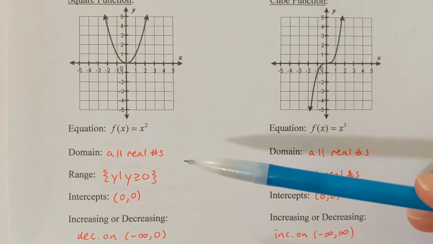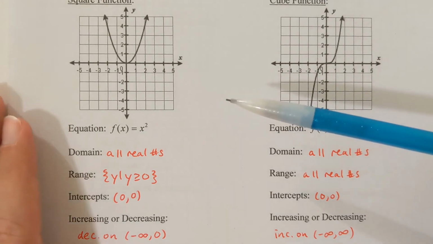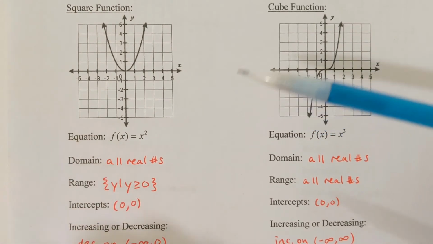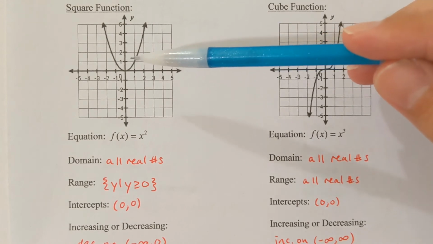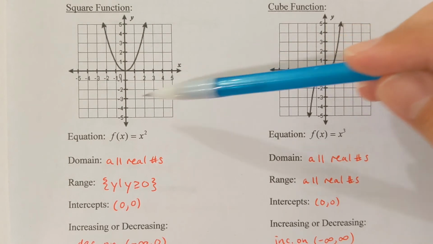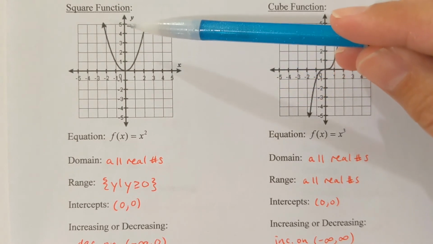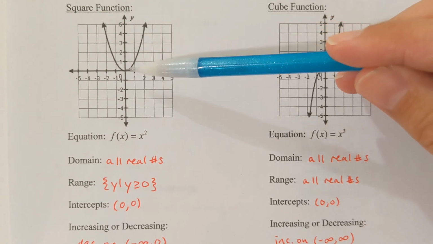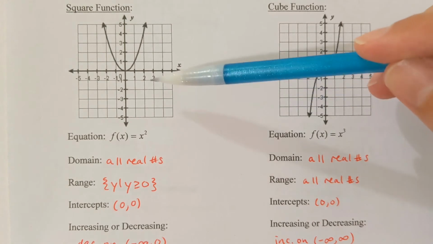Now, with the range, if I take the pencil and I draw a horizontal line anywhere, then anywhere that is 0 or bigger would put me in the range of the function. So 0 to infinity.